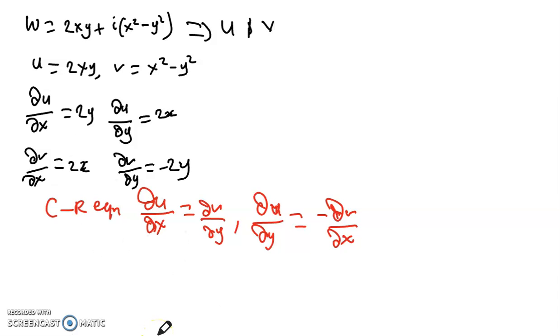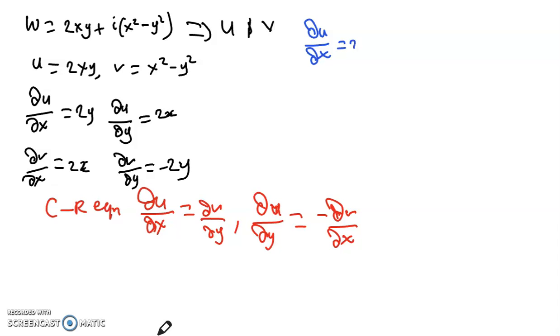So now let us look at what we have here and see whether it satisfies the Cauchy-Riemann equation. We differentiated dou u with respect to x, and what did we get here? We got 2y.